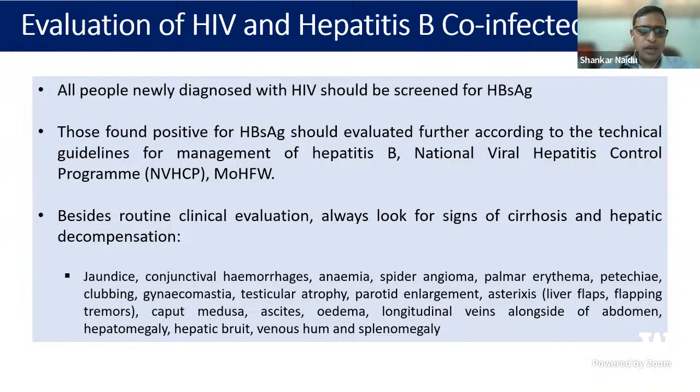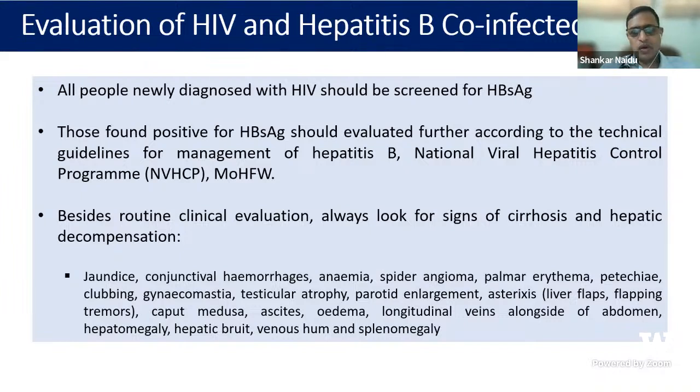So apart from the routine clinical evaluation, all patients who are co-infected either with hepatitis B or hepatitis C, we should always look for signs of liver dysfunction and cirrhosis, and signs and symptoms of decompensated liver cirrhosis. And these include anything from jaundice to ascites to specific manifestations like spider angiomas, palmar erythemas, gynecomastia, testicular atrophy, and parotidomegaly.